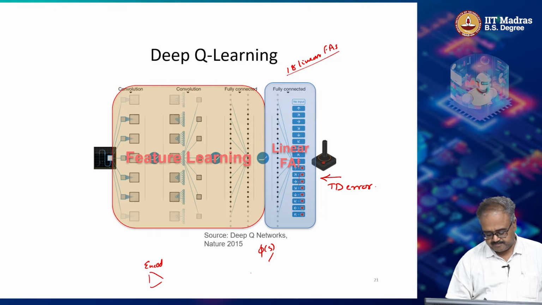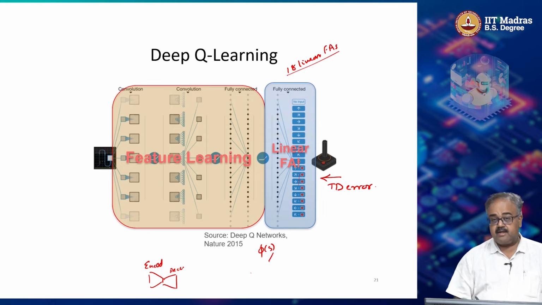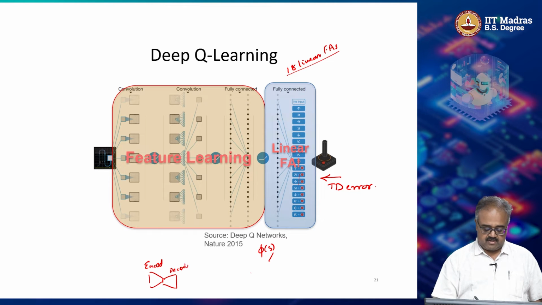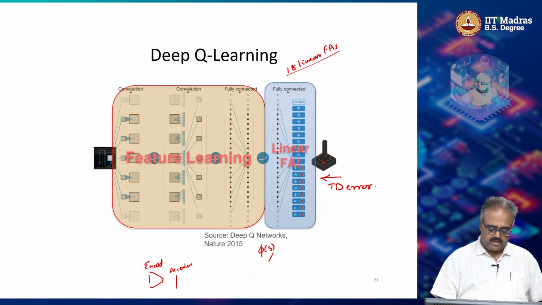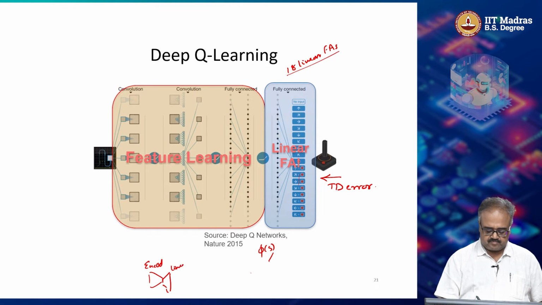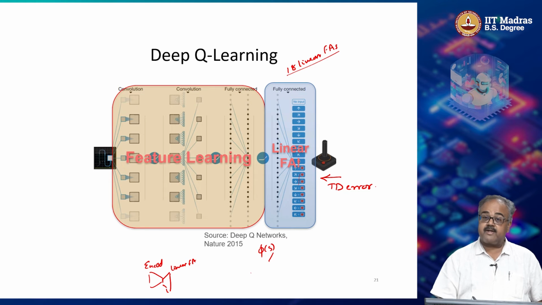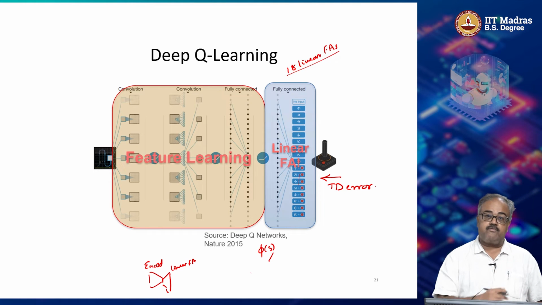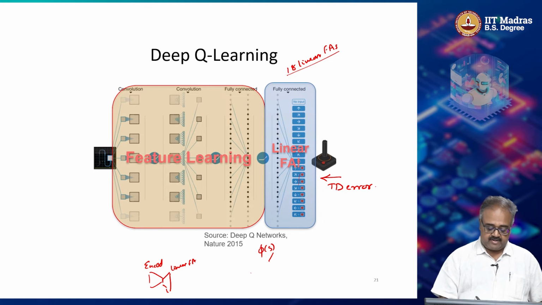So, you can train it using the encoder decoder setup, like you normally would have done with the autoencoder, right, then remove the decoder, right, and then put a linear function approximator on top of the encoder, and then use that to fine tune the features and train everything using TD error.